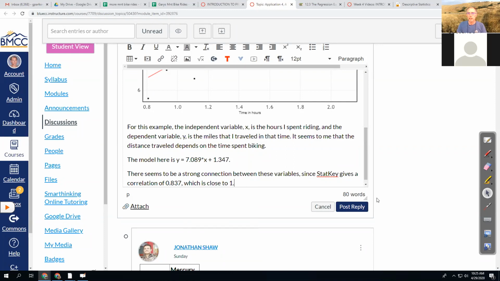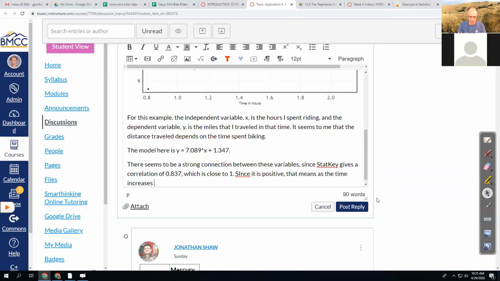What else do I want to say about that? Since it is, and we'll do spell check later, it is positive. That means as time increases, so does the distance. And that brings me into the next question, which is to interpret the slope.